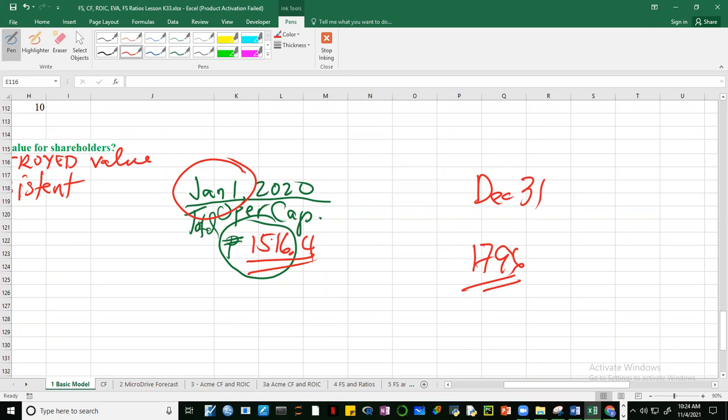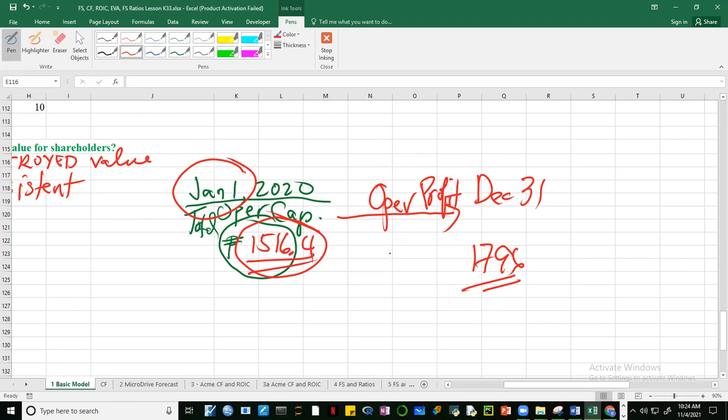Babalik ako sa kwento ko. Kunwari part of management tayo. Yung January 1, binigyan tayo ng operating capital worth 1516. Question, anong ginawa natin sa capital na yan? Based on the reports, based on the computations, guys, nakapag-generate naman sila ng operating profit. Magkano yung operating profit na na-generate natin bilang management for advanced technologies?